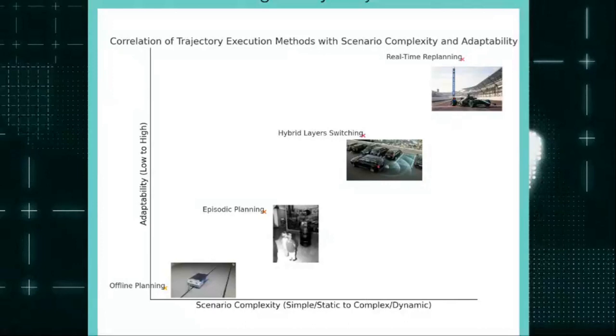So this is the adaptability in the environment, from low to high, and the complexity from slower vehicles to complex and dynamic environments, which is a race car competition or an urban traffic scenario.